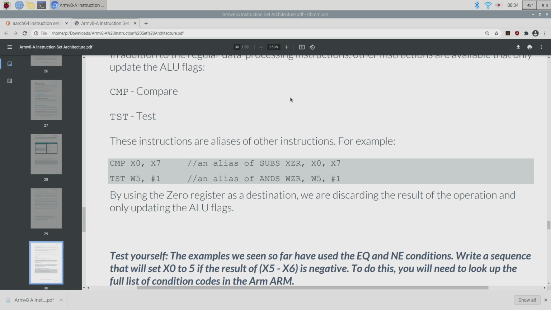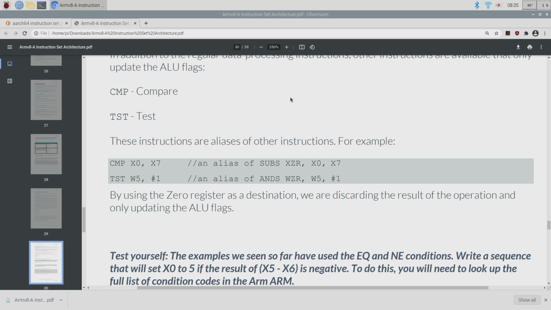So what the example here is doing with this test instruction is looking at the bit, well, which bit is it looking at in this case? The far right bit, okay, so it's bit number 0, but what it's doing is testing W5 and comparing it against the bit pattern of, in this case, all zeros and a 1 at the end, okay?